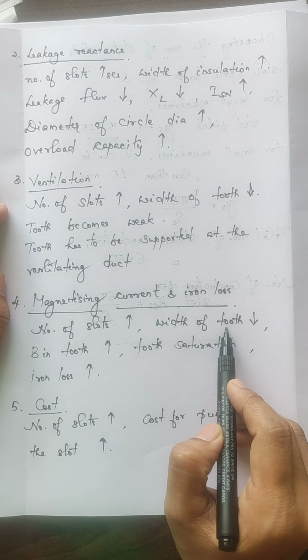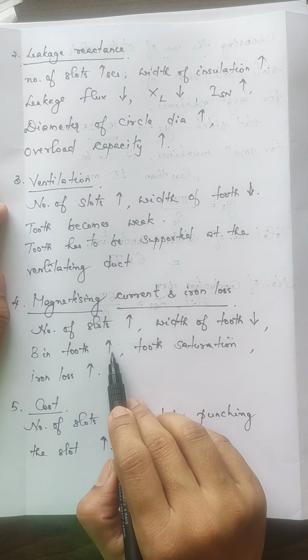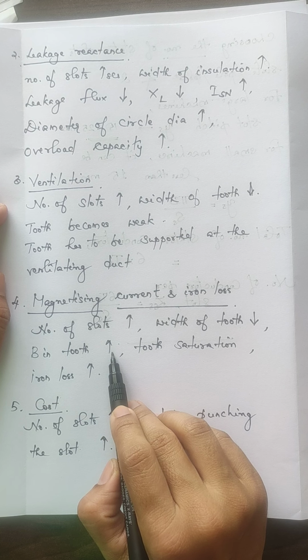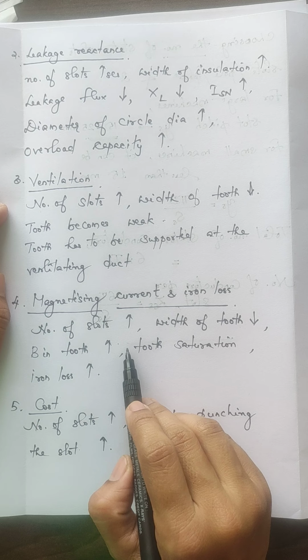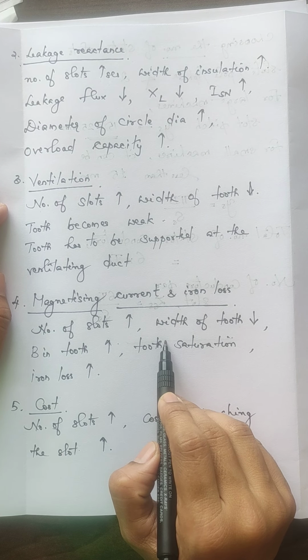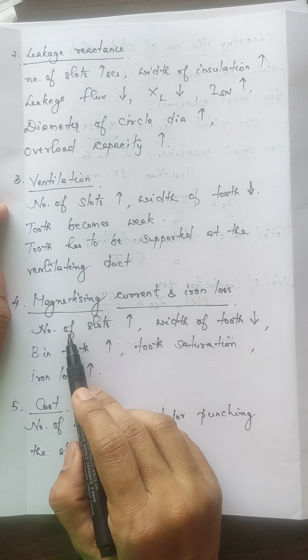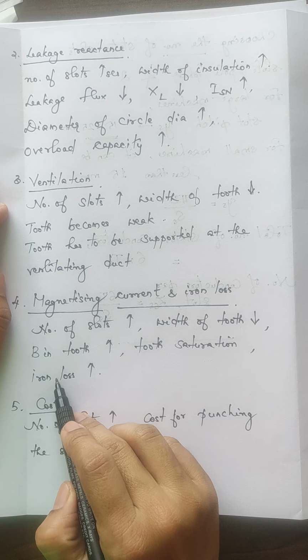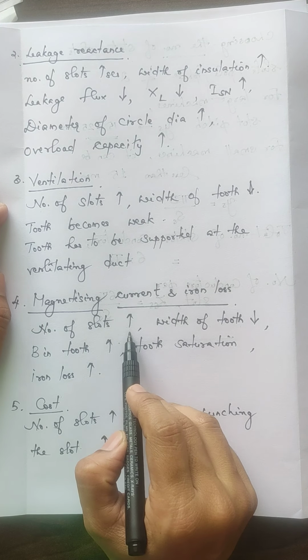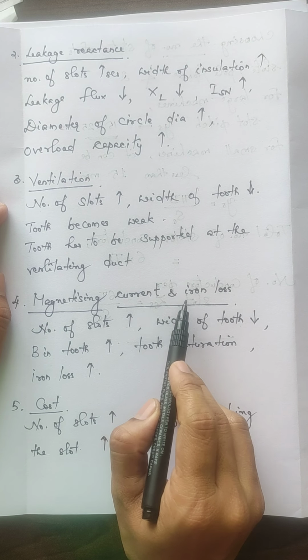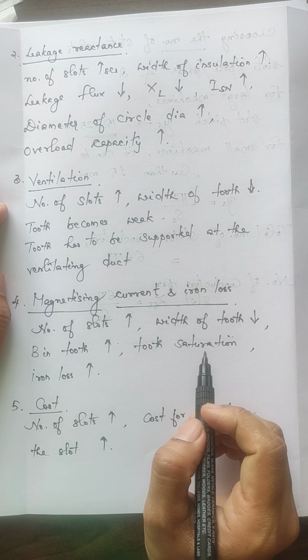When area decreases, flux density will increase. That means the tooth may get saturated, leading to tooth saturation. So magnetizing current will increase, and when the flux density increases, iron loss also will increase. So with a larger number of slots, magnetizing current and iron loss increase.